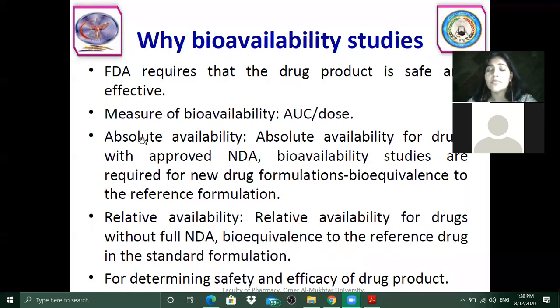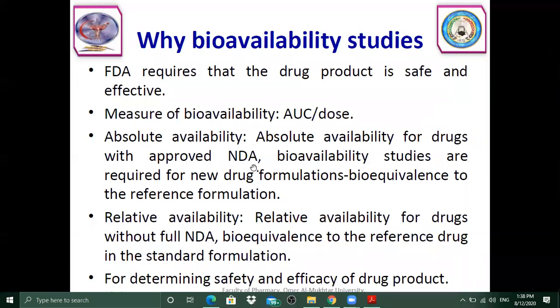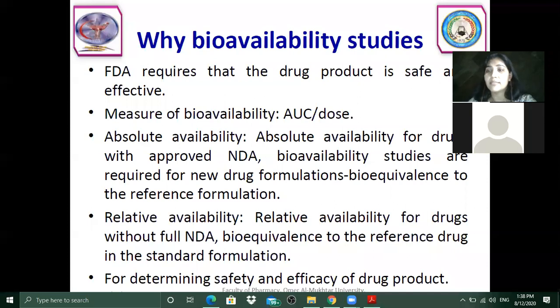So what do we mean by absolute bioavailability? Absolute bioavailability is done for drugs with an approved NDA. What is NDA now? You must tell me the full form of NDA.